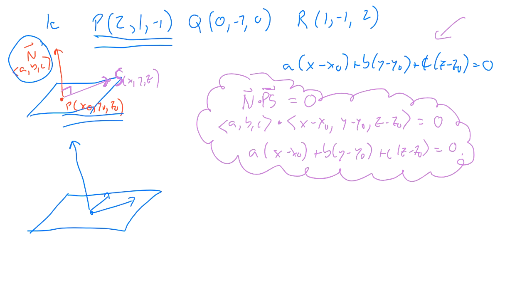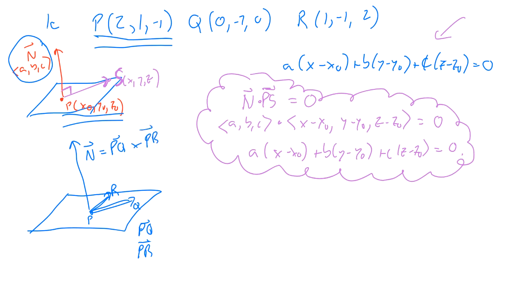So if I name my points P, Q, and R, as they were in the problem, the vectors I can use are the vector PQ and the vector PR. So for my normal vector n, I can take PQ and cross it with PR.